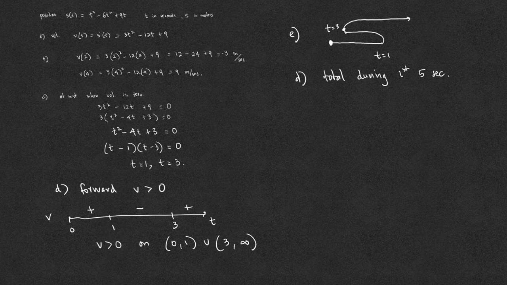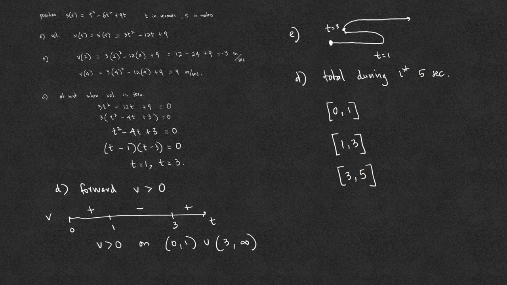We would have to find the distance on the interval 0 to 1, the distance from 1 to 3, and then the distance from 3 to 5, because the question asks us to find the distance during the first 5 seconds.